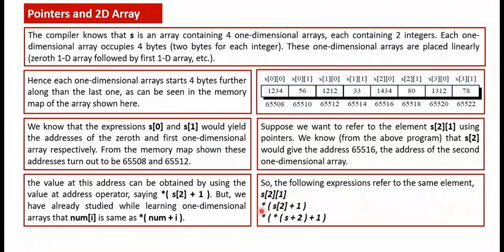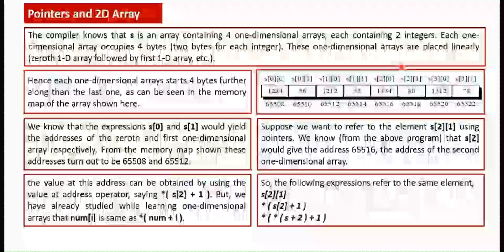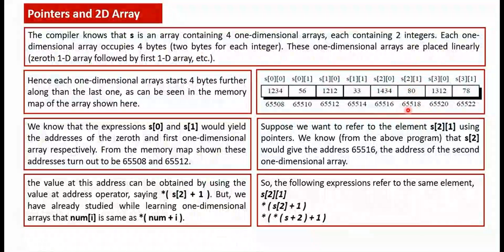The value at address 65518 is the same, 80. Similarly, the next expression, *(*(S + 2) + 1): *(S + 2) is 1434, and adding 1 corresponds to the next location, 65518, and the value at address 65518 is 80. So all these three expressions result in accessing the element 80.